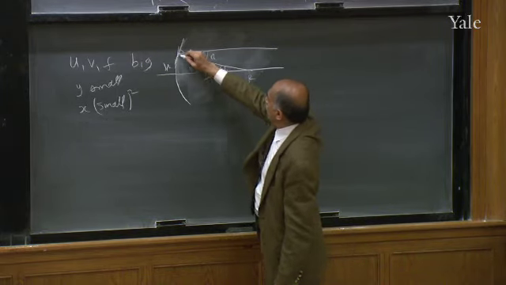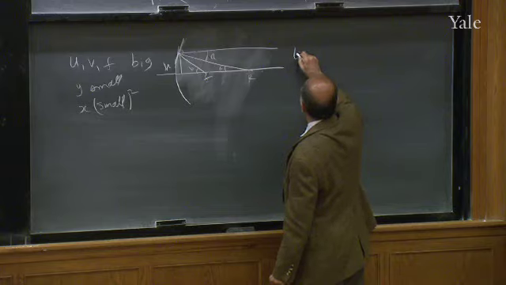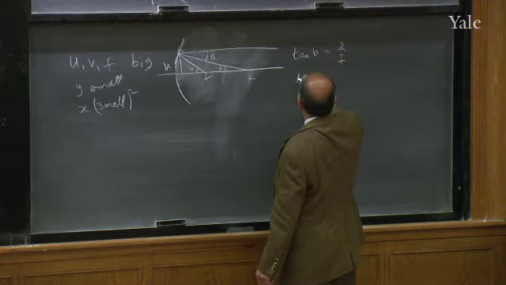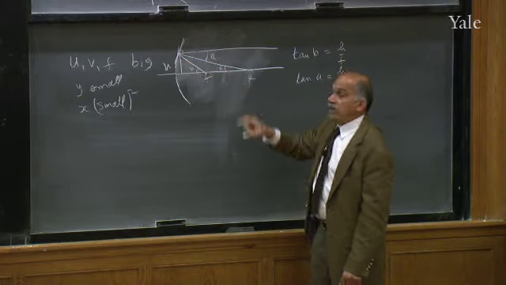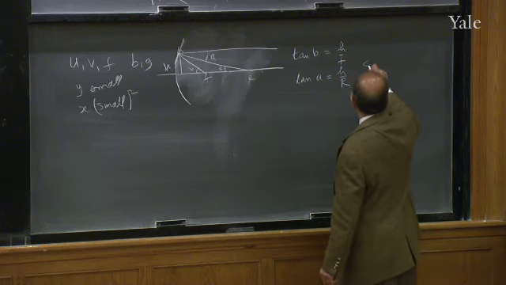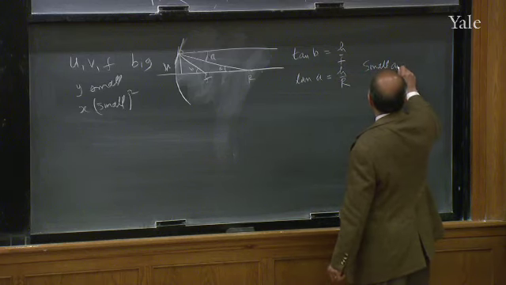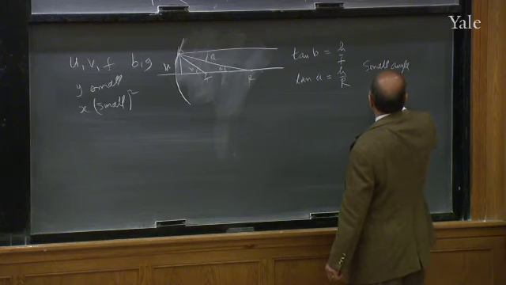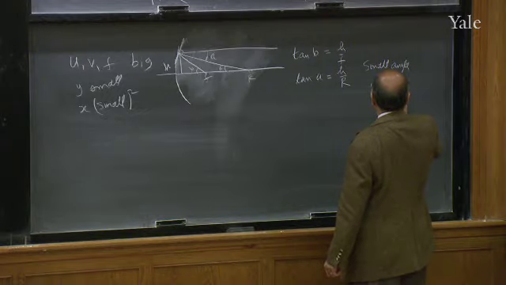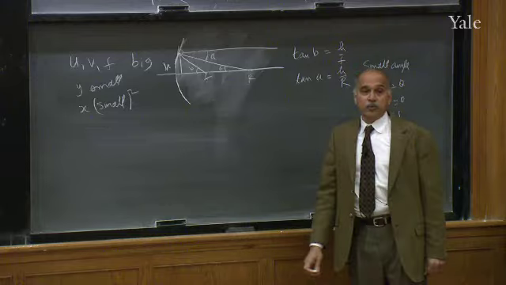So let's take this height h here, and you can notice that tan b is equal to h over f, and tan a is equal to h over r. Can you see that? That b and a. For small angles, I remind you again and again, sine theta is roughly theta, and tan theta is roughly theta, and cos theta is roughly 1, plus corrections of order theta squared.